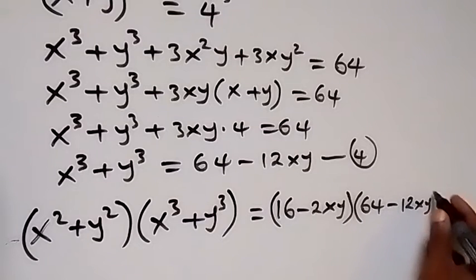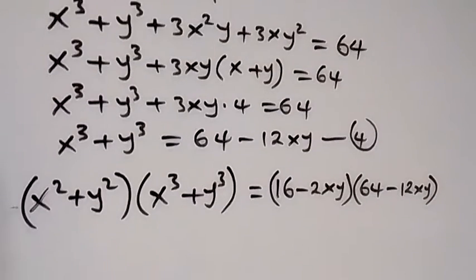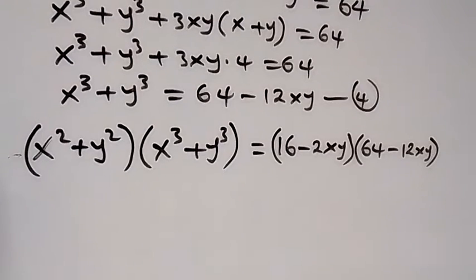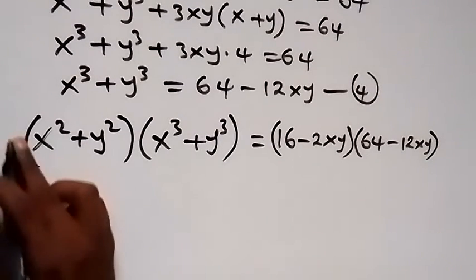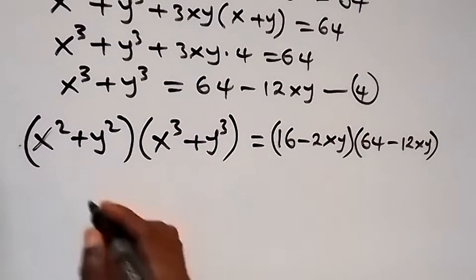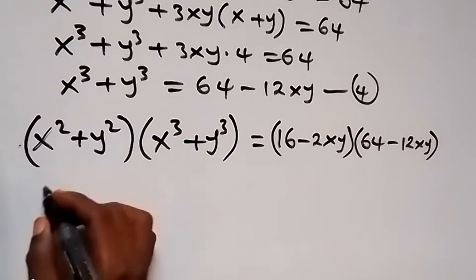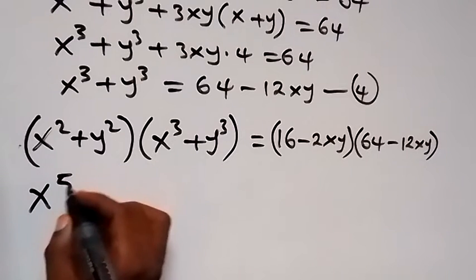And then we expand what we have here. We clear this bracket first. x squared times x raised to power 3 is x raised to power 5.